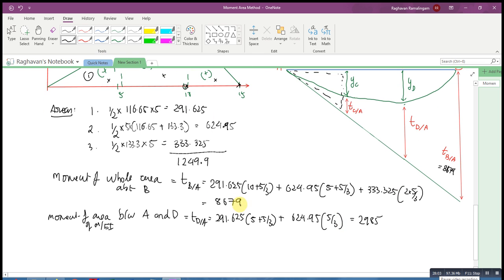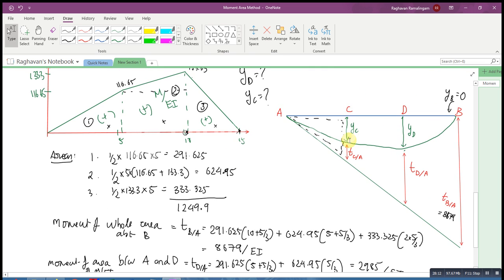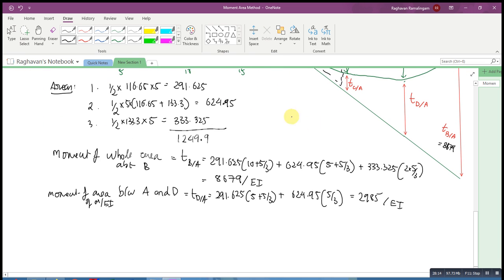Of course, this is an M by EI diagram, so all of them are divided by EI. But anyway, EI will cancel out because everything has EI. So now we have similar triangles. Let me call this point D dash B dash.